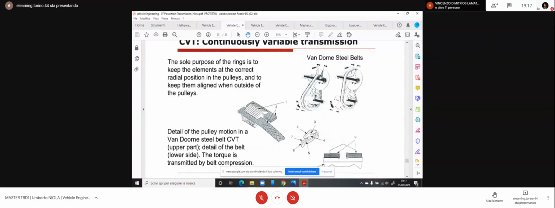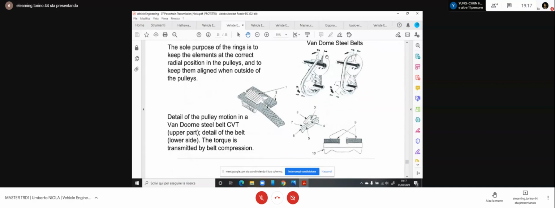The total length of the belt transmitting the power between the input pulley and the output pulley is obviously always the same length. The difference is actuated by distancing the two halves of the pulley, and correspondingly you have the opposite movement for the other pulley.